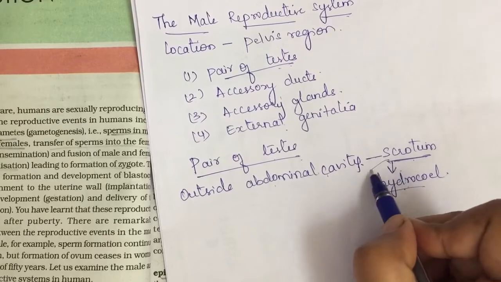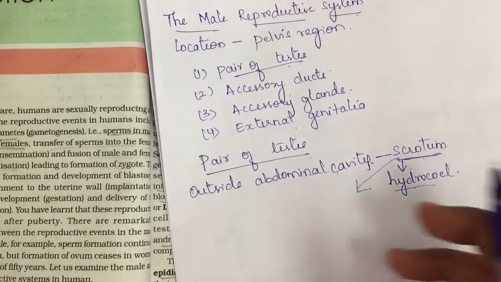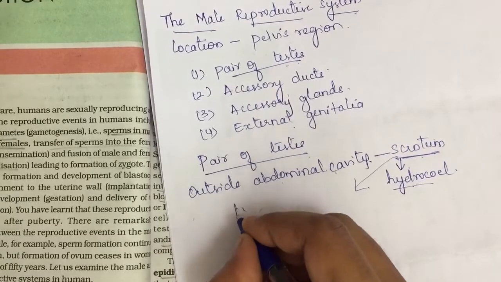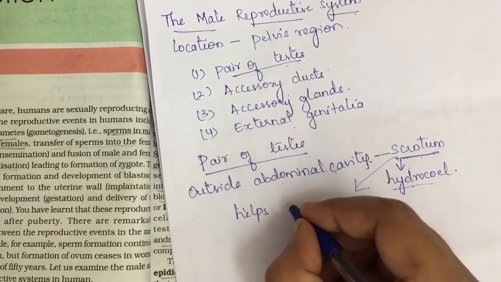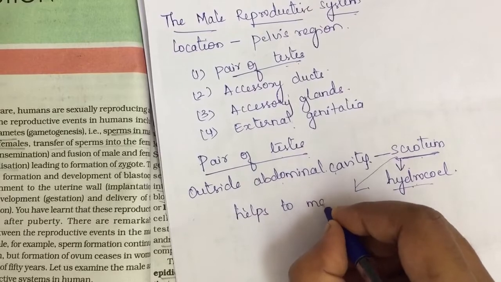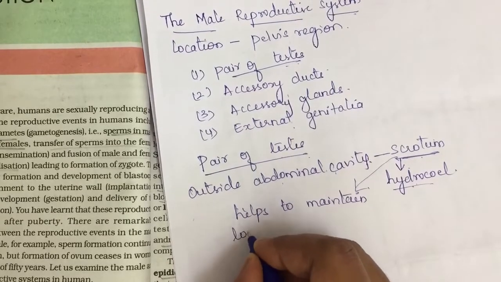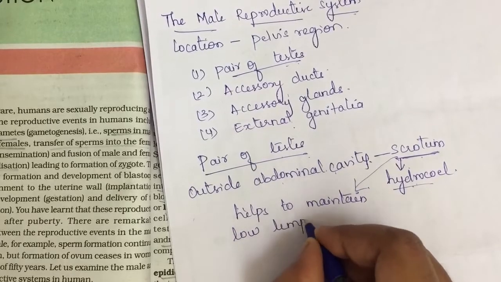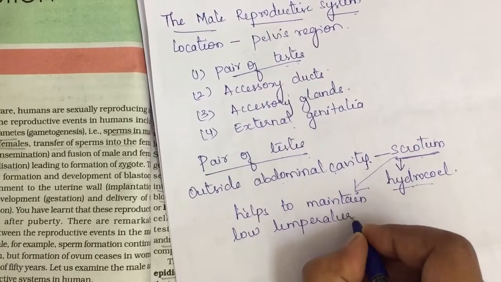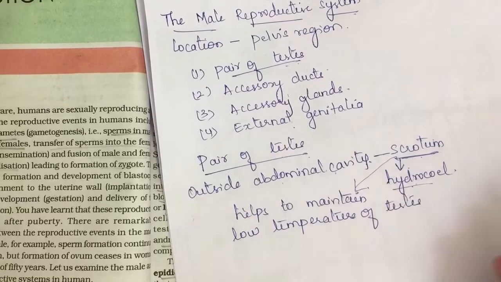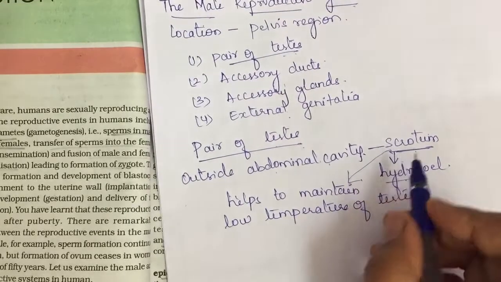Now what is the use of this pouch-like structure for the testes? The function of the scrotum is to help maintain a low temperature of the testes.